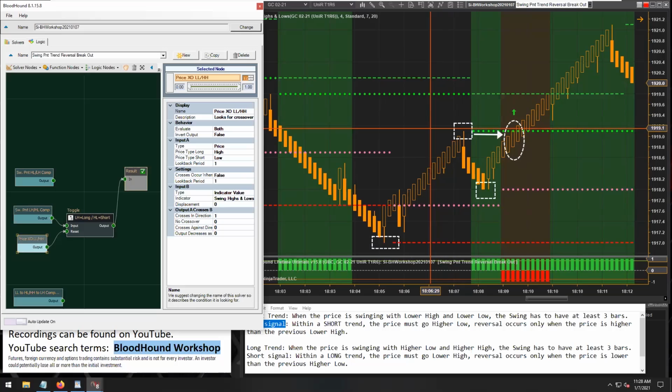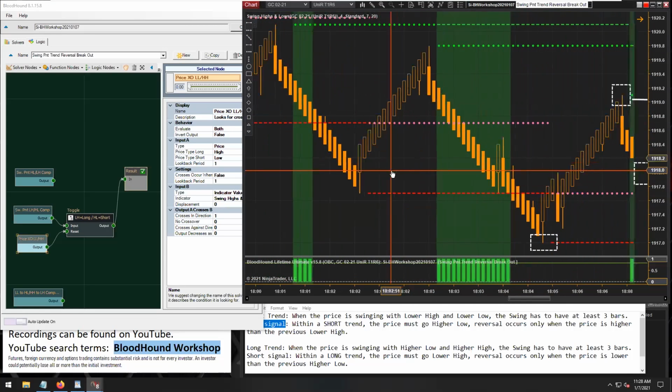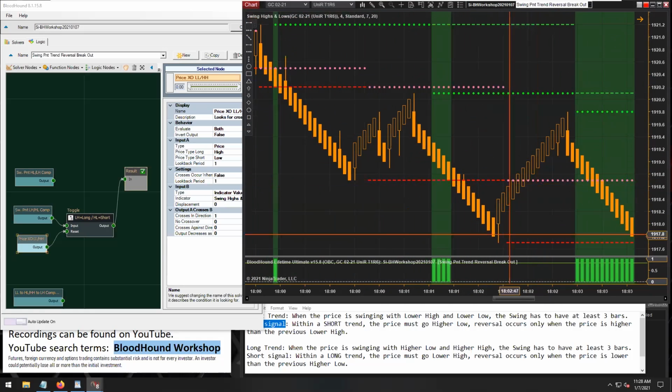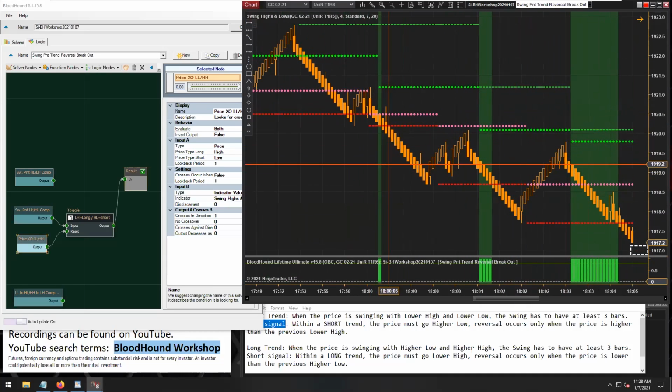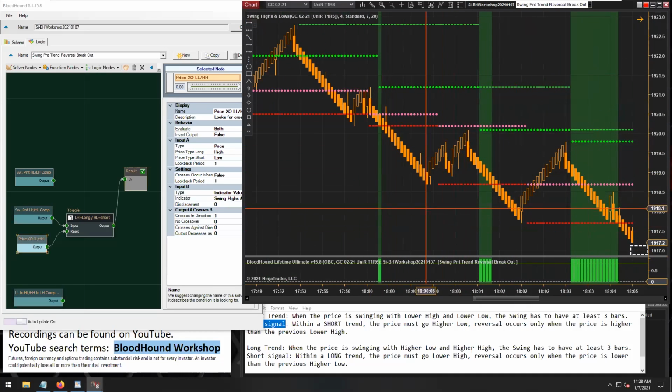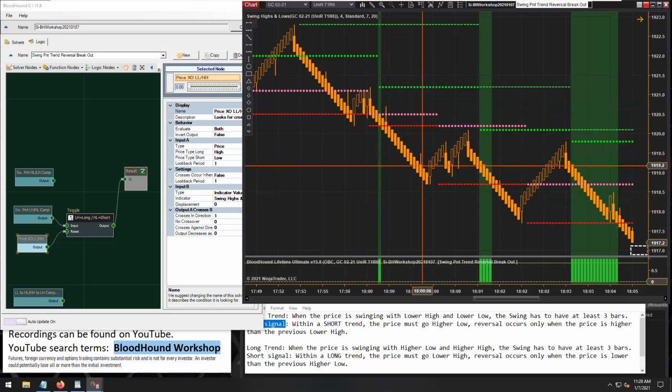So, let's take a look here. We have to shrink this up here, right? As price is stepping down, we're identifying all of these lower highs. And of course, if you have a lower high, then you definitely have a lower low, right?